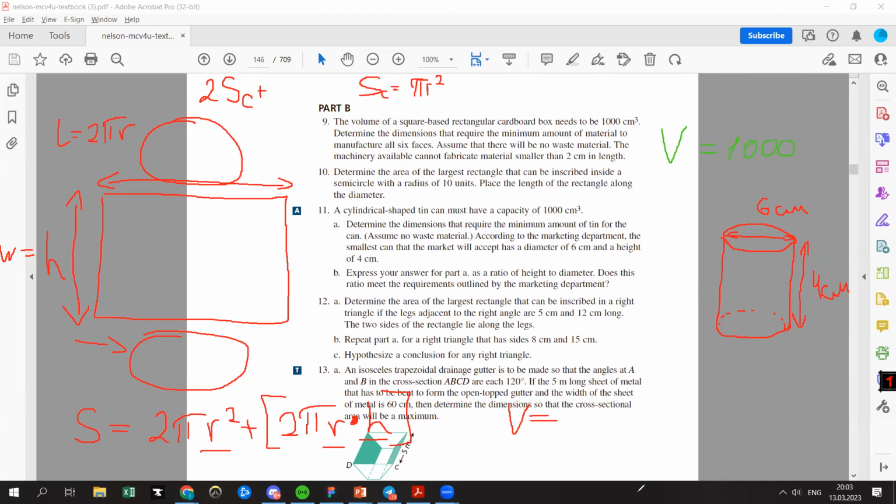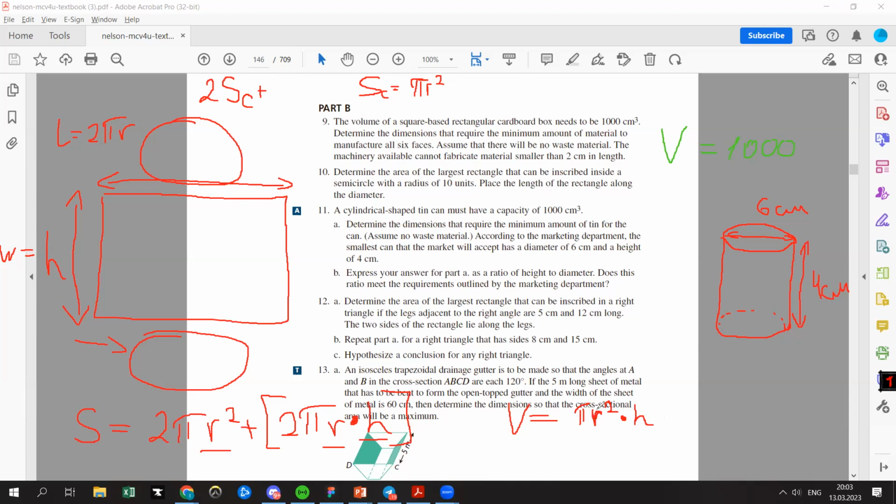Volume is pi r square h. Yep, that's correct.